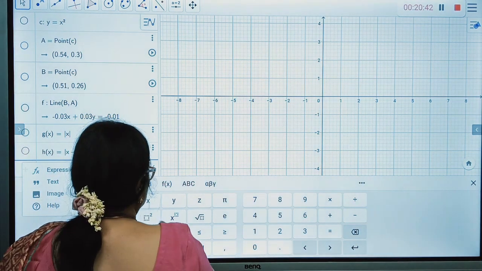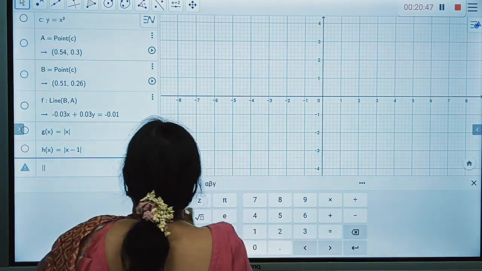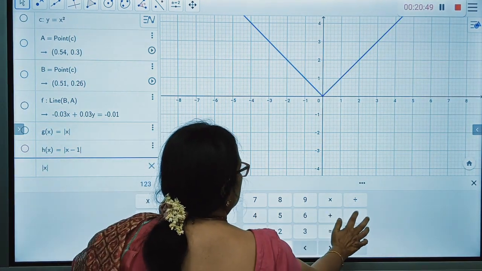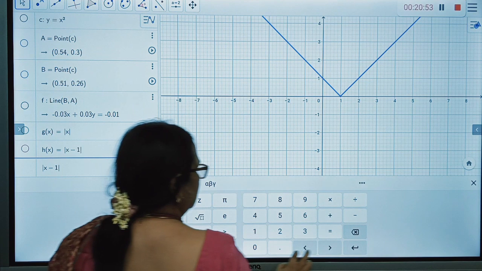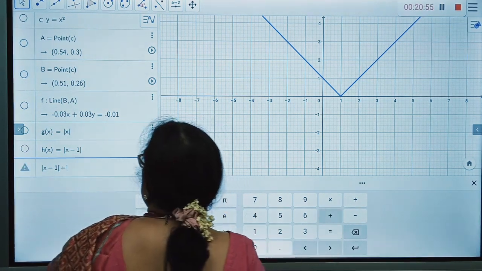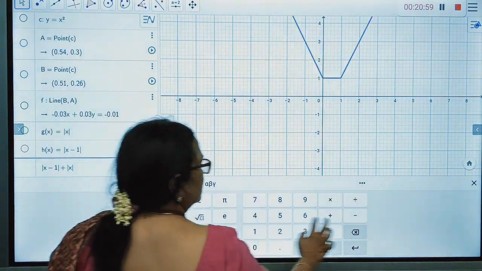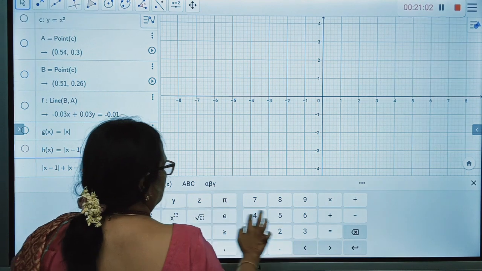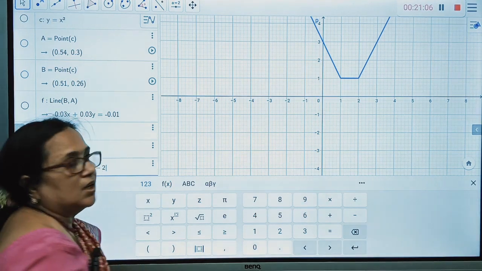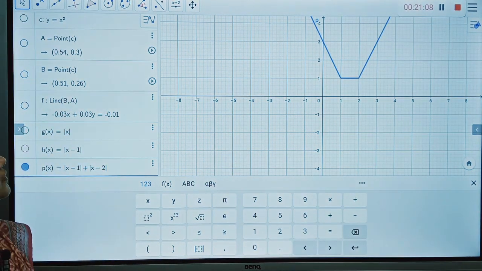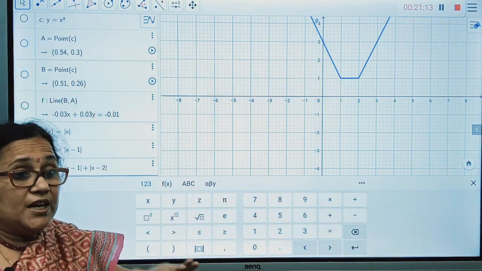Suppose I type another function, now what do you observe? So this is a graph which we have seen. We will discuss this graph algebraically in detail.